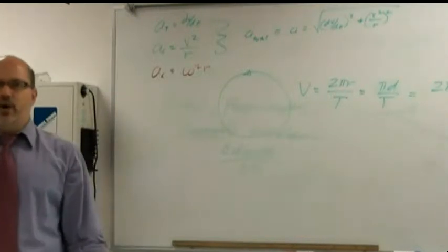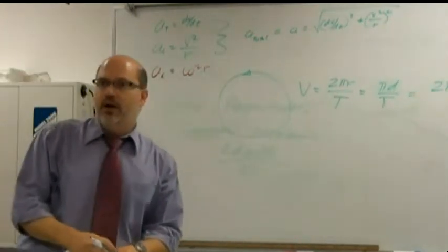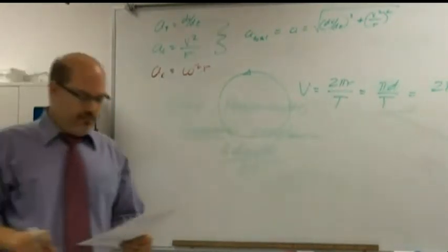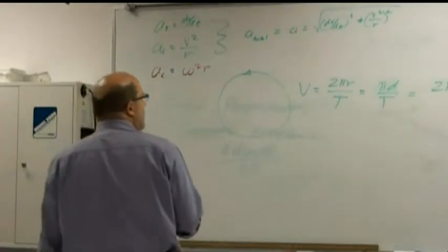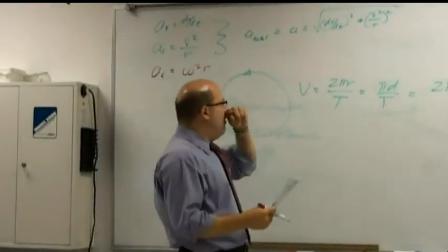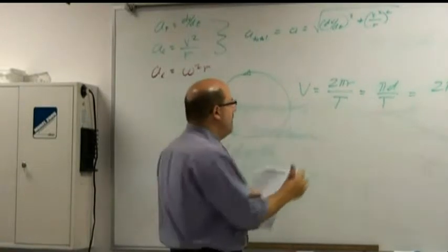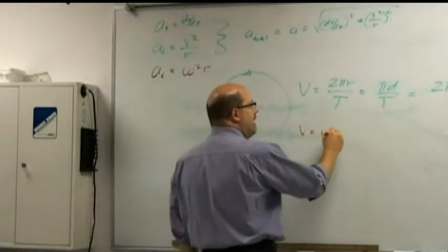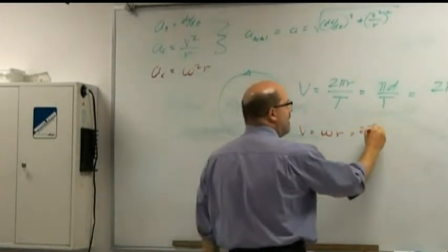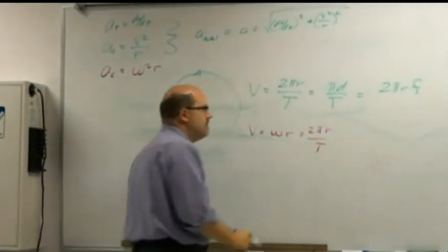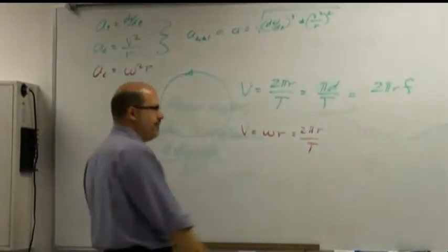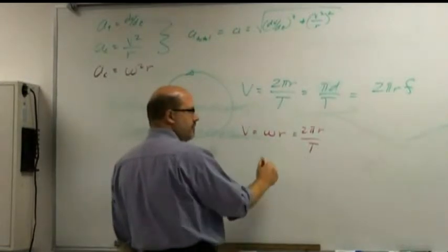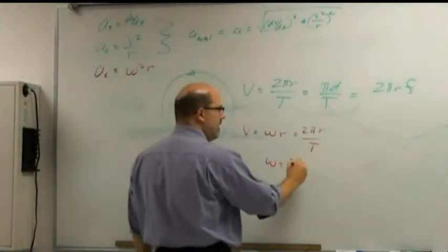Omega squared r, and that comes in handy. All right, so we got that going for us. If v equals omega r, and that equals 2 pi r over T, then how do we figure out omega? It's 2 pi over T, right?